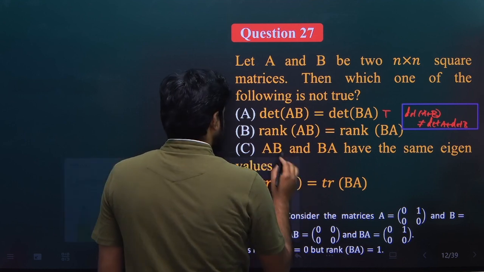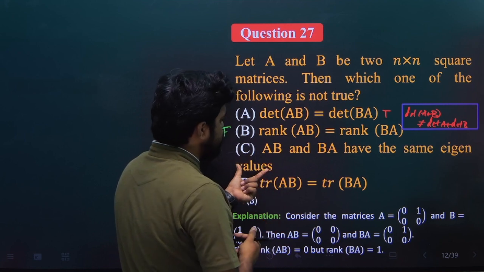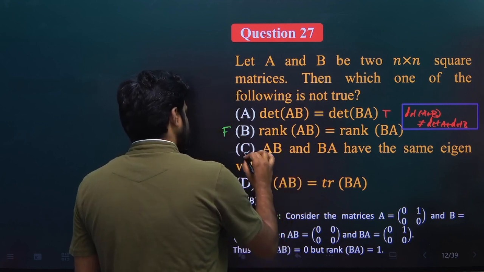Why? This is false. AB and BA have the same eigenvalues, so this is true.